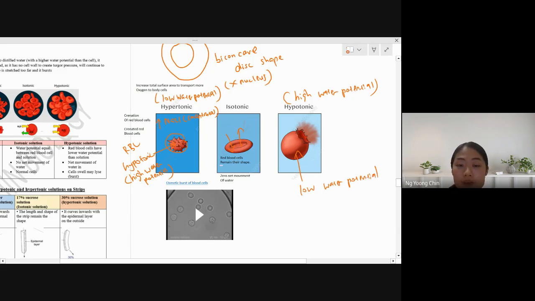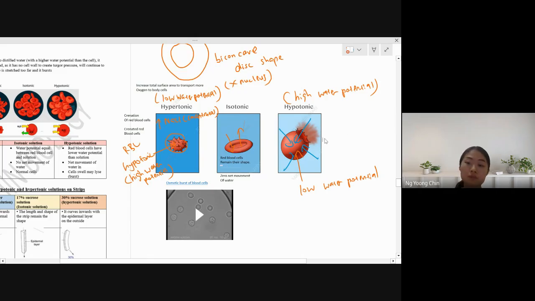Okay, so this causes the water to flow this way. Water diffuses from the hypotonic solution and enters the red blood cell. So the red blood cell will gain a very large amount of water and increase in size.